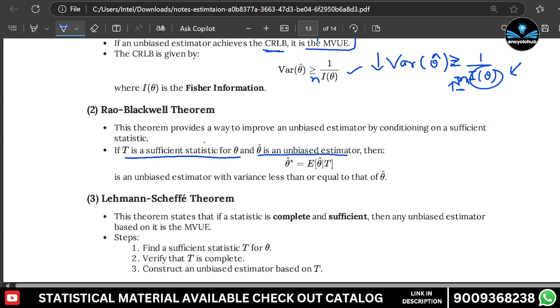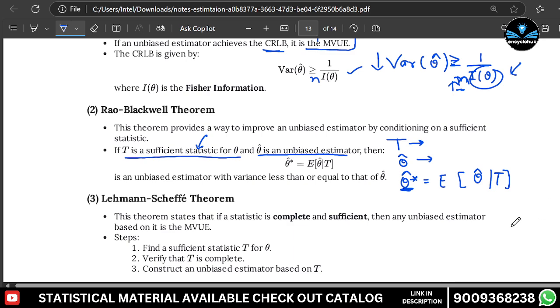Given that T is sufficient, we find the estimator which is unbiased. It is called the Rao-Blackwell theorem. It gives an unbiased estimator with variance less than or equal to that of theta cap.